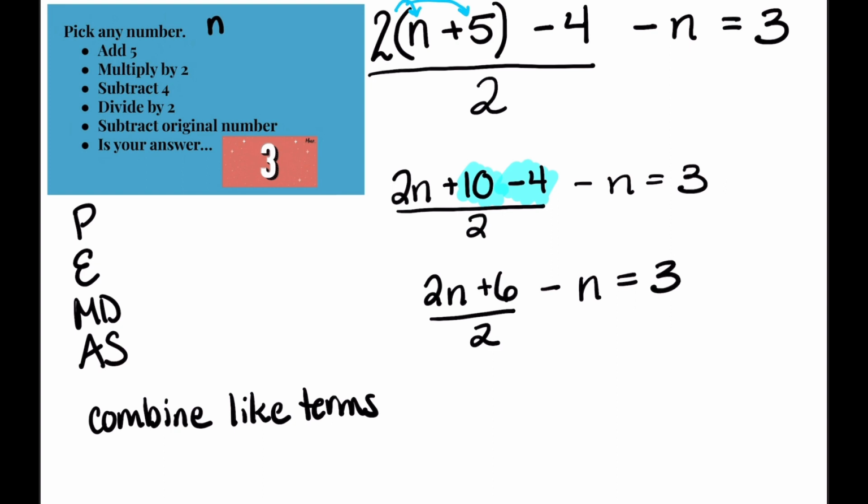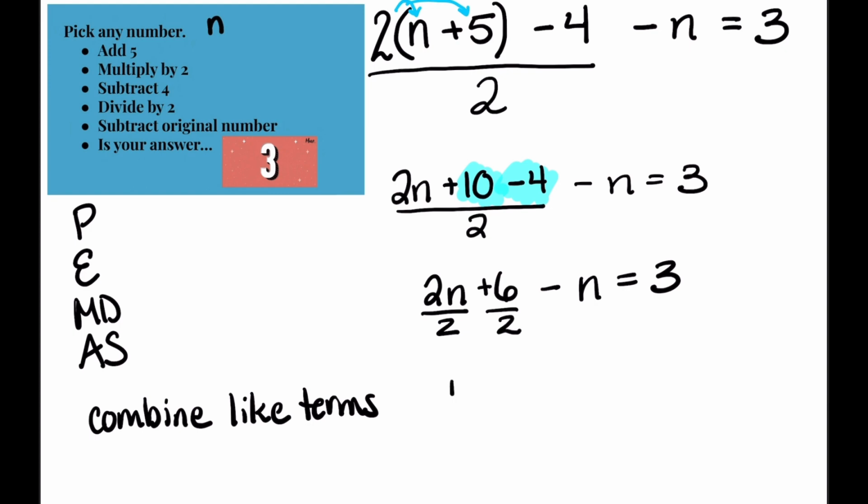It's looking better. Now, here's the other thing. 2n plus 6 divided by 2. I'm going to divide both of those terms by 2. So I'm actually going to rewrite that. And I'm going to separate this because I want to divide both of these by 2. And I can do that because there's a plus sign in the middle, so I can divide both terms by 2. So if I had 2 n's, 2 divided by 2 is just 1.